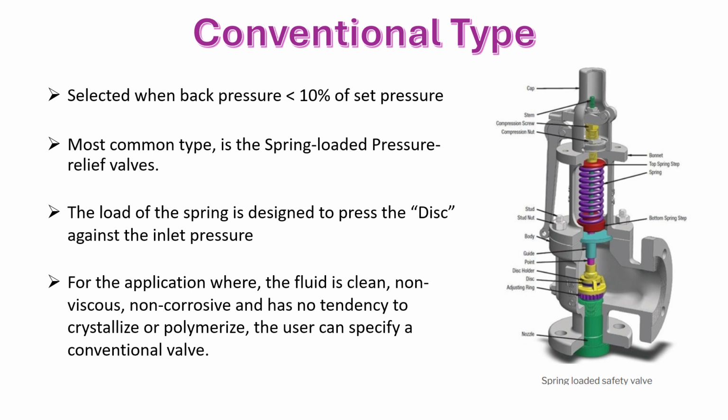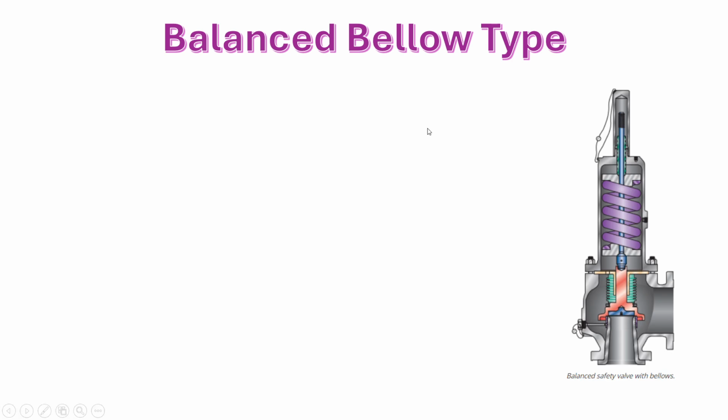The next type we will discuss is the balanced bellow type. What is meant by the balanced bellow type safety valve? This is the balanced bellow safety valve. Here the spring is used to control the bellow against the set pressure.